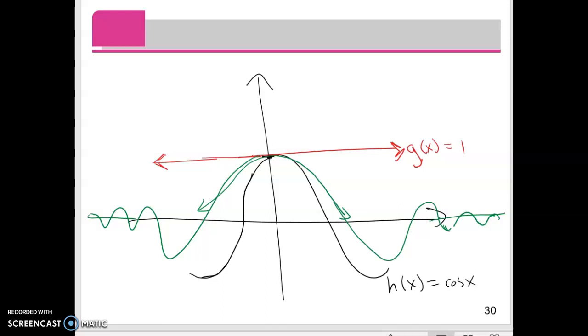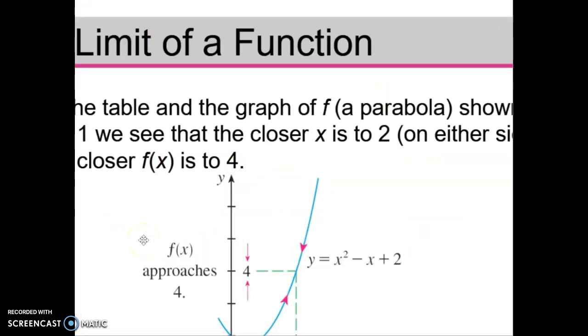I know sine x over x is less than 1 and is greater than the cosine function over a certain interval, right? So I know this to be true. Let me jump to a better writing tool here, maybe.